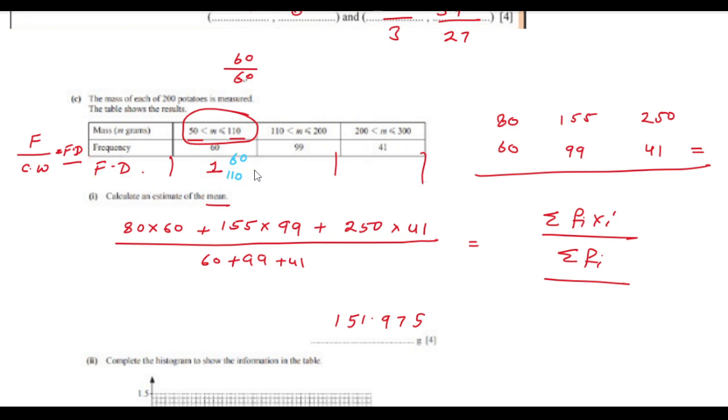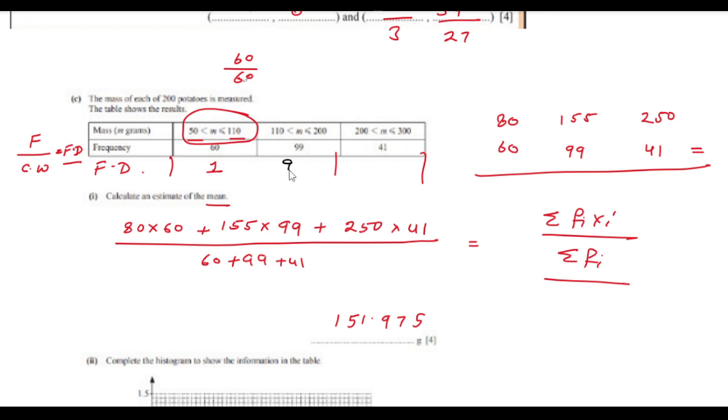You subtract 110 minus 50 to get 60, so 60 divided by 60 is 1. So you will get your result as 1, right?